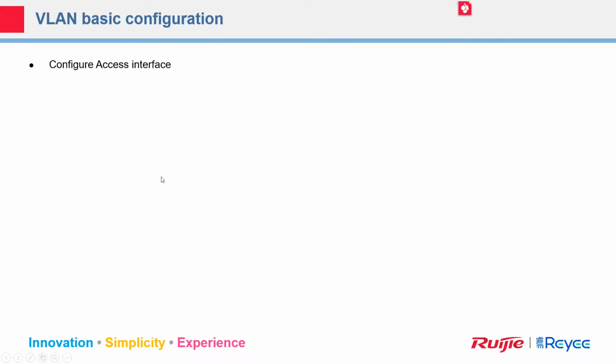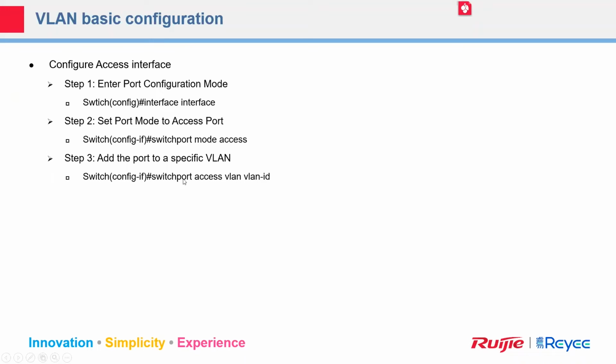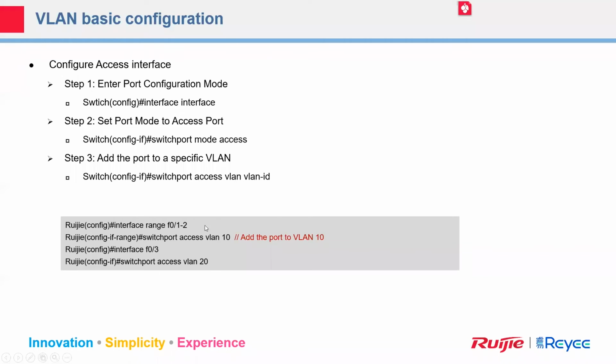Then we have to configure the VLAN of the access interface. We have to enter the interface and change the mode to become access. And then add the specific VLAN. This VLAN we also can say is the native VLAN of the access. switchport access vlan and the VLAN number. This is the command. You can enter multiple interfaces to make all of the interfaces become access, and the VLAN is VLAN 10.